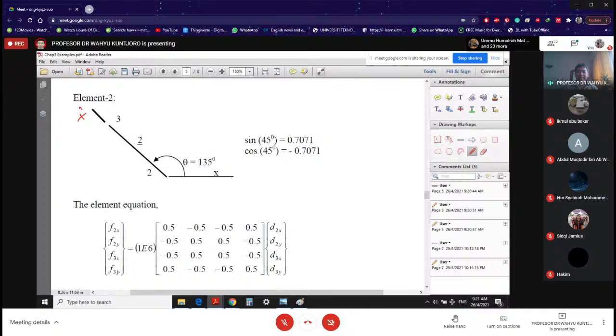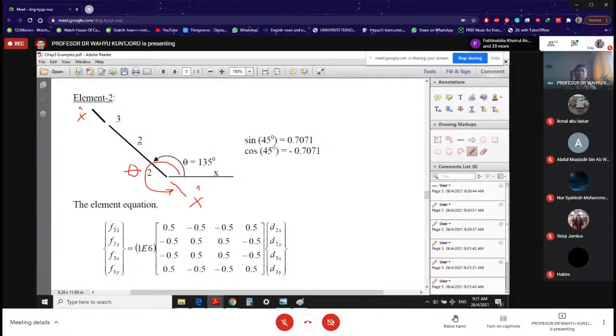Because if you decide that your x local is to that direction, okay, that is your x local, your theta is not going to be 135. Your theta is going to be different. That's number one. Number two is, of course, it is going to be written from 3 to 2. So it's going to be F3X, F3Y, F2X, F2Y.